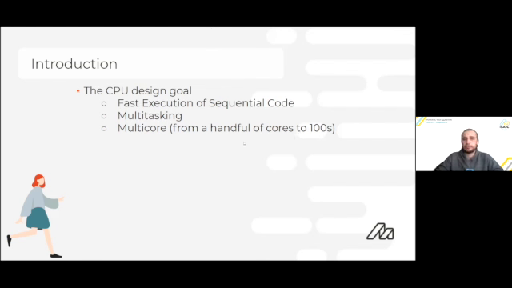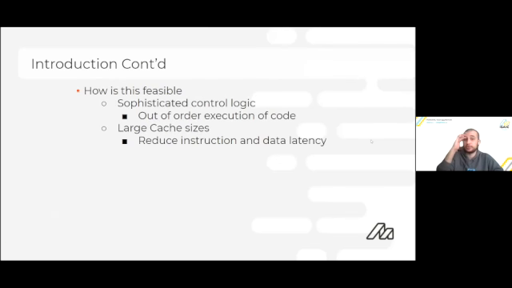The cores in CPUs in laptops are essentially up to 8 cores, and in server grade CPUs, you can go up to 60 or 100 cores at a time in a CPU package. So how can the faster execution of sequential code be feasible?